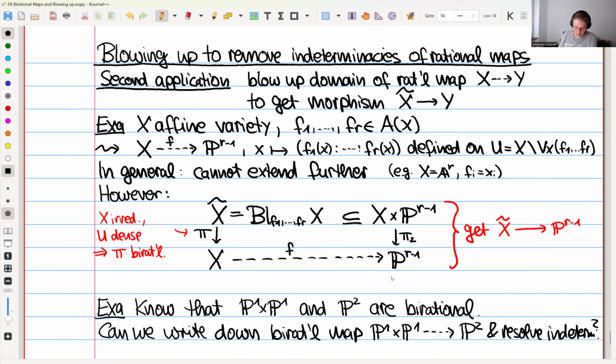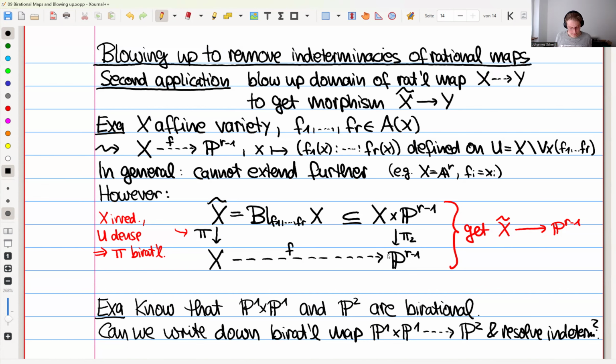And so this means that we started with this rational map, we replaced the domain by a birational variety, X tilde, and then this composition can be extended to all of X tilde, it is actually given by a morphism. This is sometimes called resolving the indeterminacy, because this was a map which was not determined everywhere, and by blowing up, we could resolve this indeterminacy because this now has a map everywhere defined.